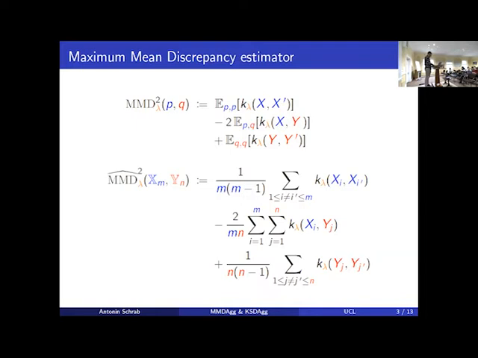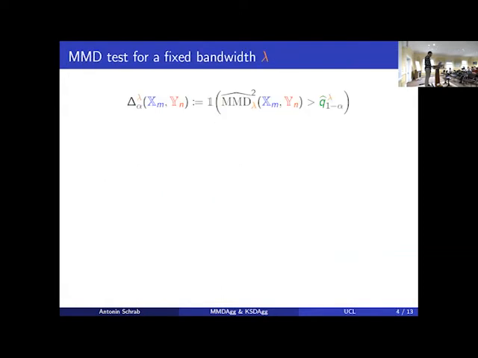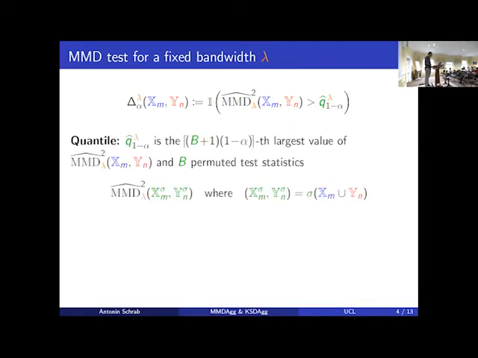Once we have this unbiased estimator, we're going to reject the null hypothesis that P is equal to Q if the MMD we've computed is greater than some quantile, and we need to approximate this quantile. This is a 1 minus alpha quantile, and the way we do that is we need to simulate the null hypothesis.